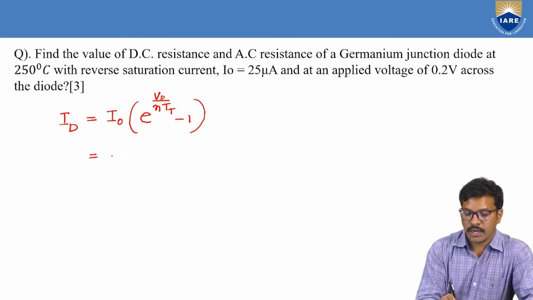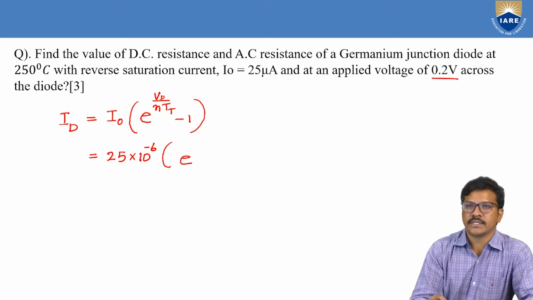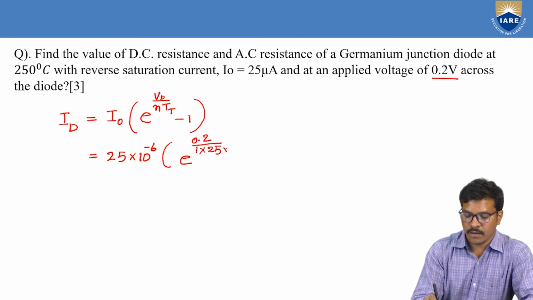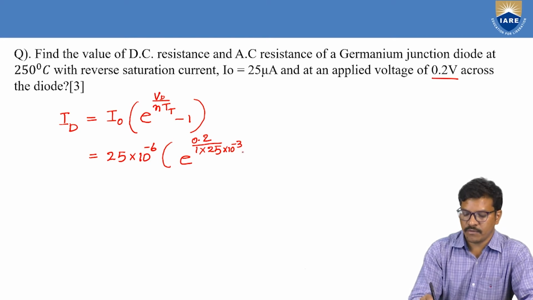I naught is 25 microampere, and e power Vd, the diode voltage applied in forward bias, 0.2, divided by eta 1 into Vt, 25 millivolts, which means 25 into 10 to the power minus 3 volts, minus 1.